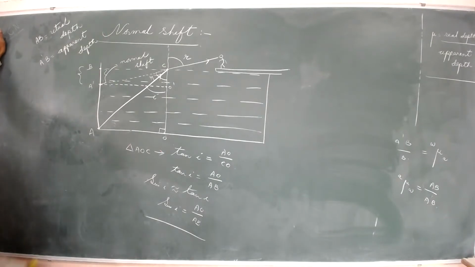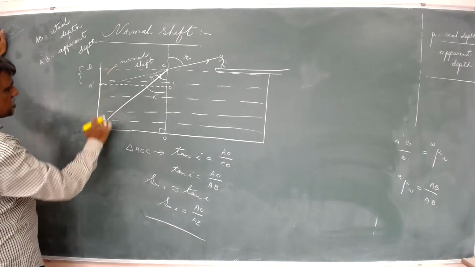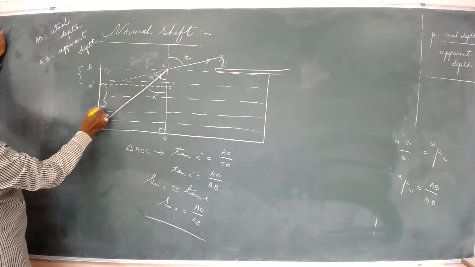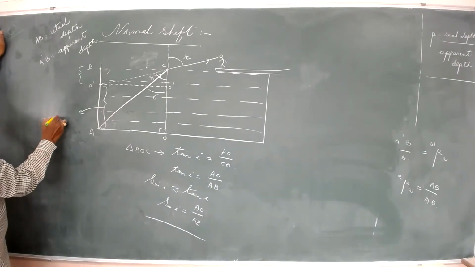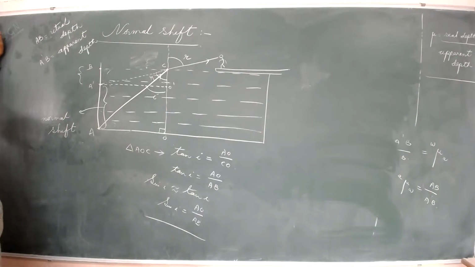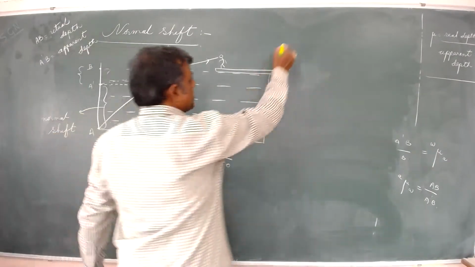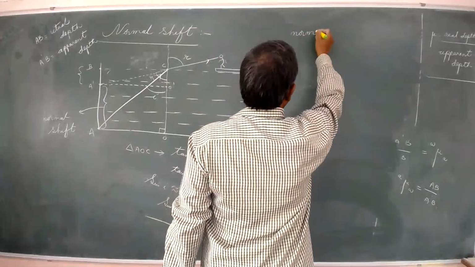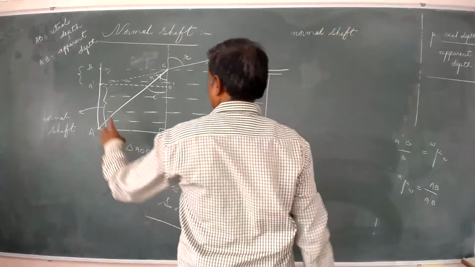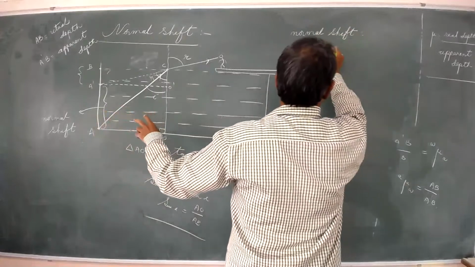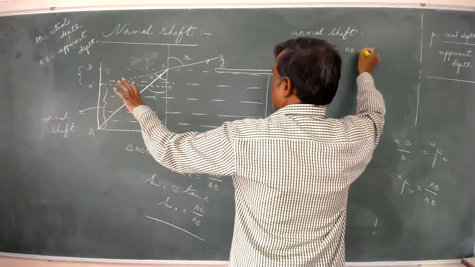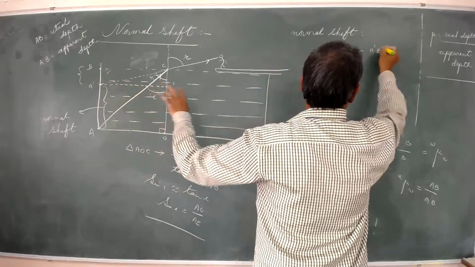That is not A dash B. Normal shift is equal to AB minus A dash B. Am I correct?